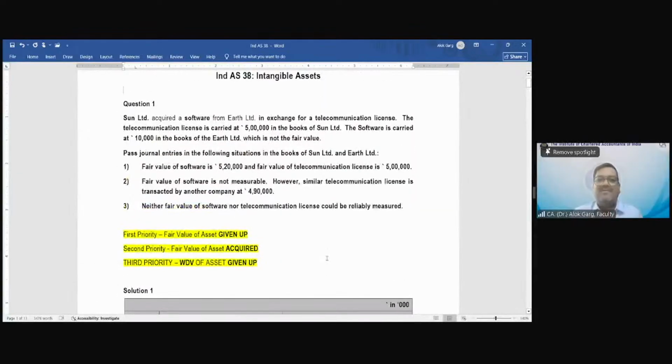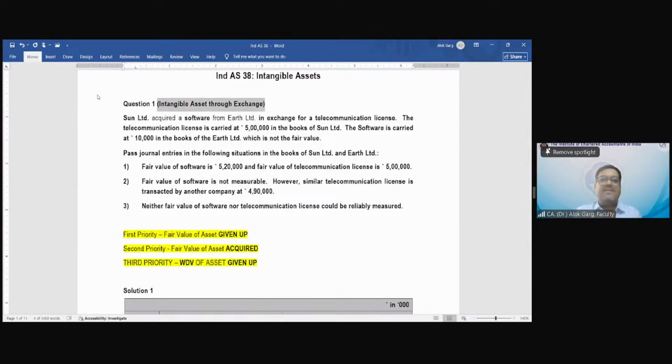Very good. So this was on the internally generated intangible asset, and intangible asset through exchange.